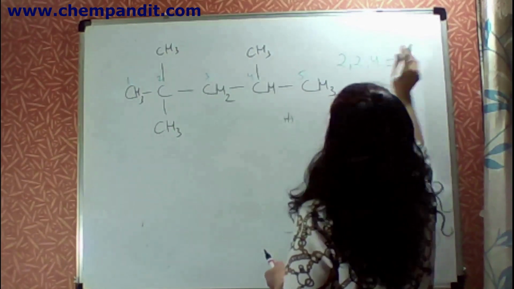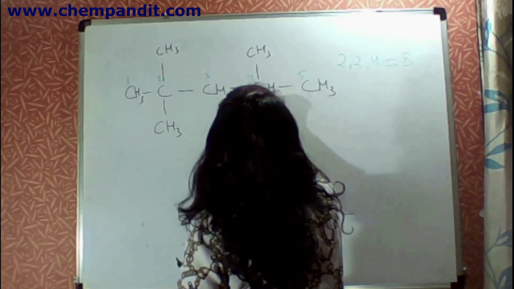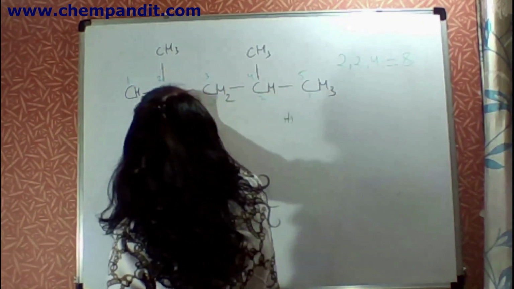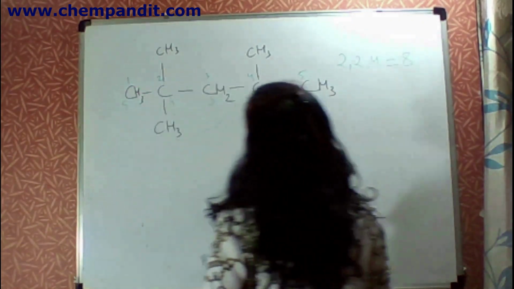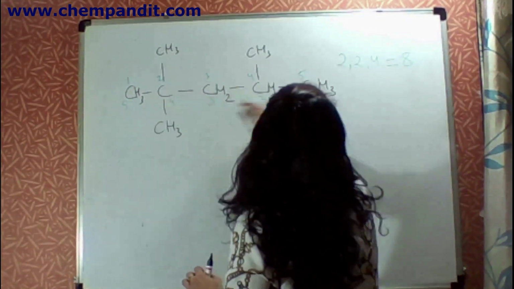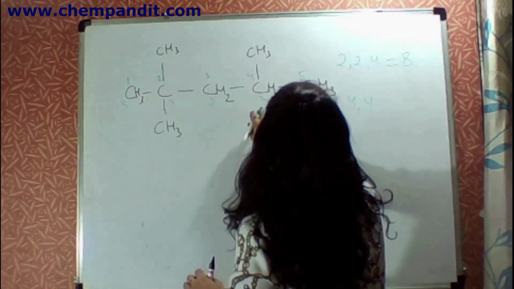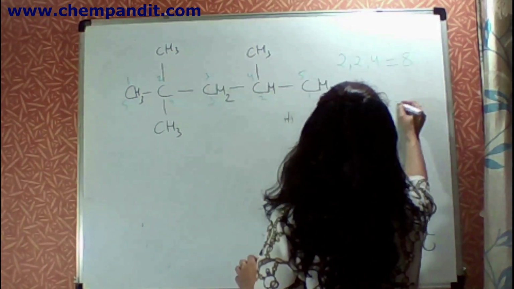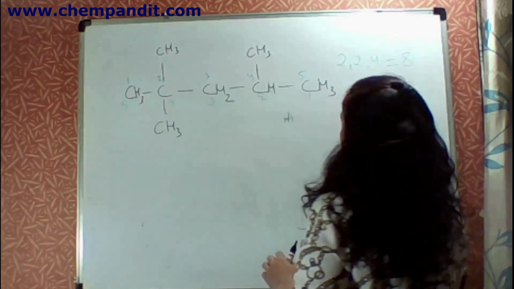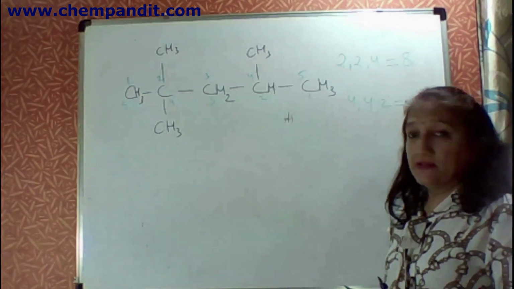Sum is 8. Clear? Now let's count it from right to left. 1, 2, 3, 4 and 5. Now in this case, 2 methyl groups are falling on 4 position. So 4, 4. This one is on 2 position. 4, 4 plus 2. This is coming out to be as 10. This is the sum rule that we are following.